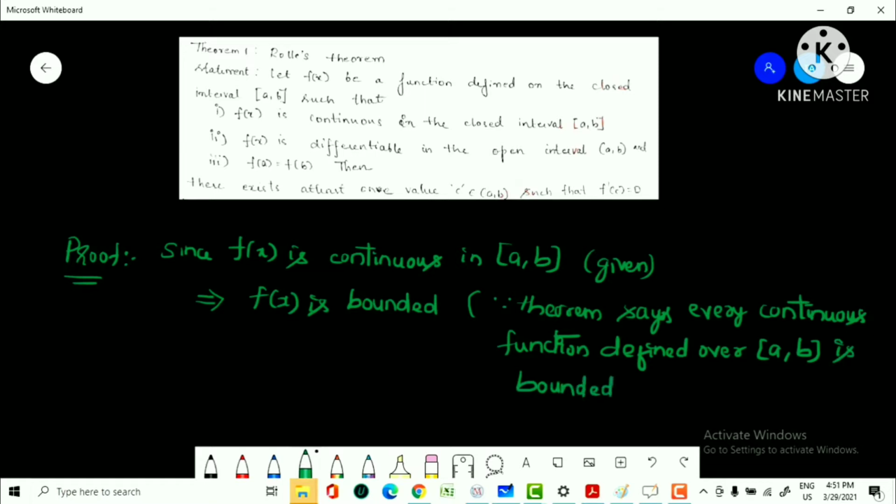That means any function which is continuous in the closed interval a comma b is bounded.